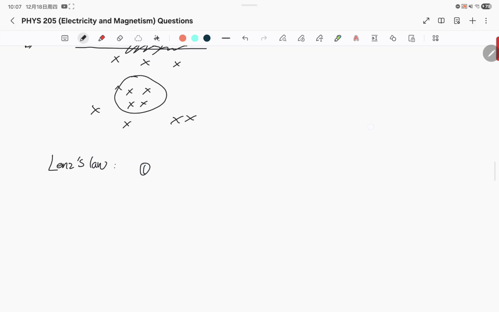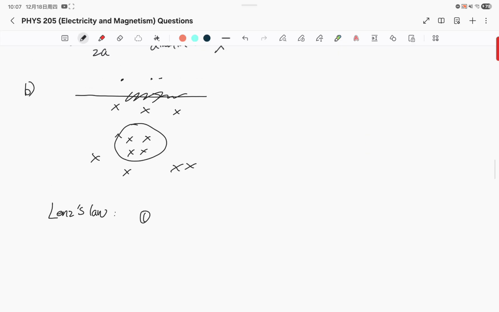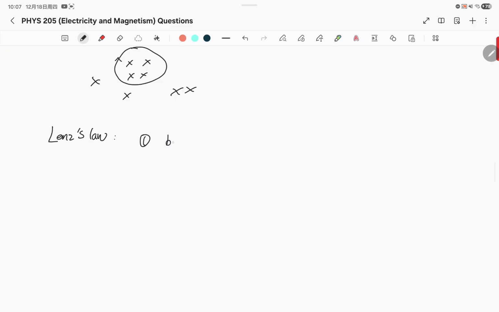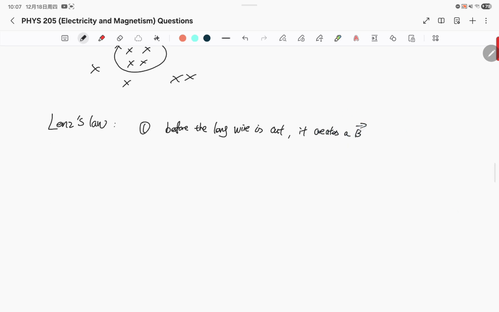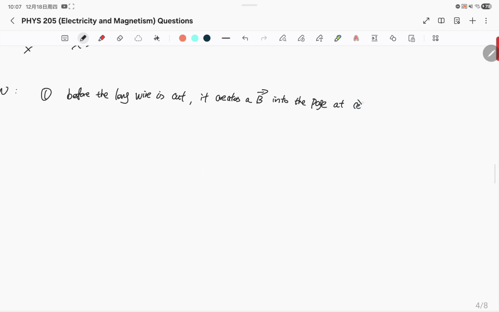Well, first, originally, I mean, when this wire is still here, like before the long wire is cut, it creates a B field into the page at a point, what's the point? At the center of the loop.